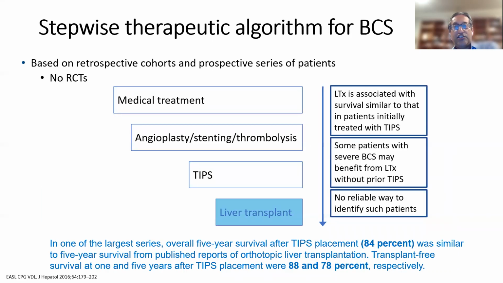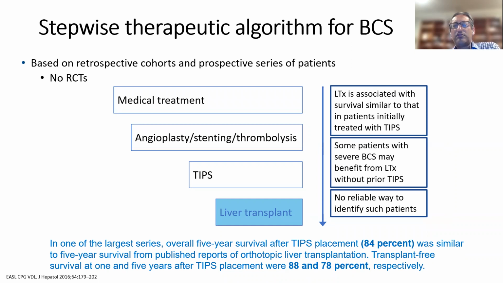Lastly, liver transplantation. Liver transplantation is associated with similar survival to patients who are initially treated with TIPS. There are some patients with chronic liver disease, cirrhosis, or portal hypertension who may benefit from liver transplant without prior TIPS, but we don't have a way to identify them.